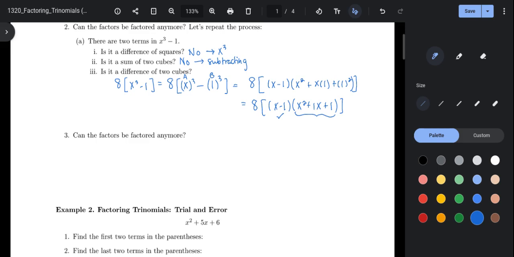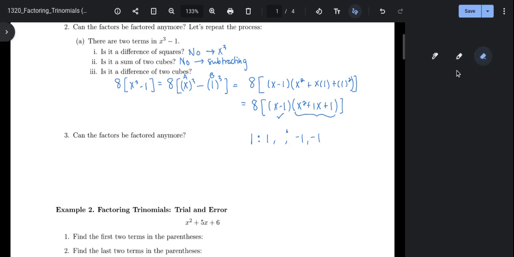But let me talk through this using that method. So if we're looking for numbers that have a product of 1, because that's our constant here, they have to multiply to be 1. So the only factors we can have are 1 and 1. And then we could have -1 and -1. Let me make this a little clearer.